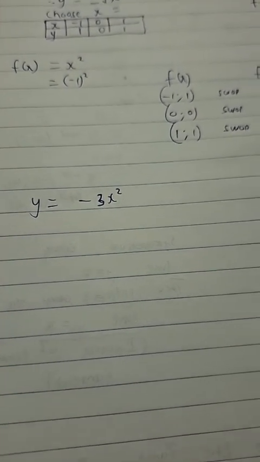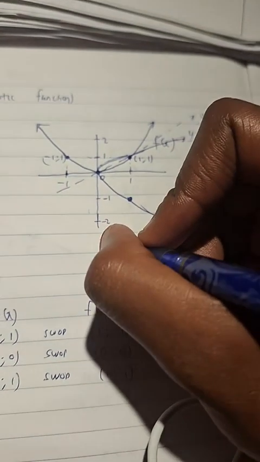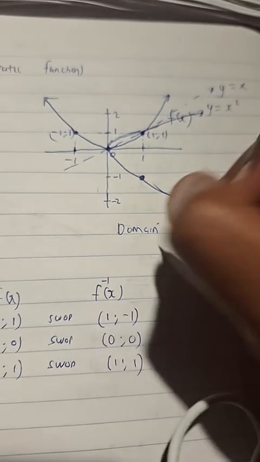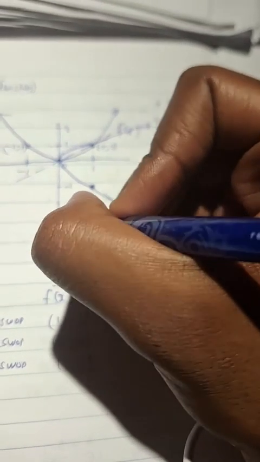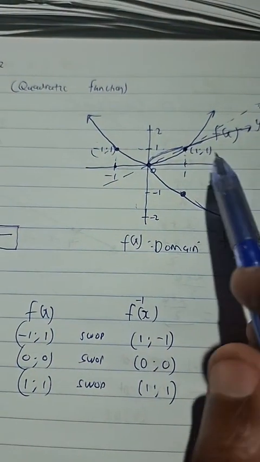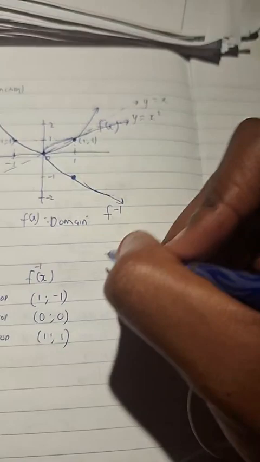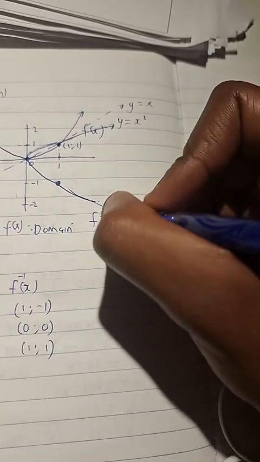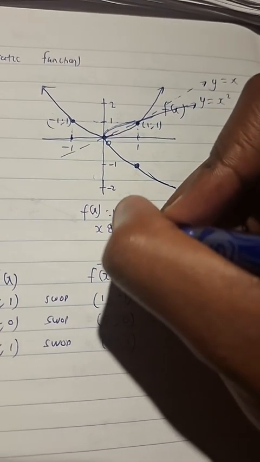If you want to write the domain and the range, of course, the domain of the original function f of x: where does the function exist from left to right? You can see, guys, that the function will exist everywhere. So the domain of the function f will be x is an element of real numbers.